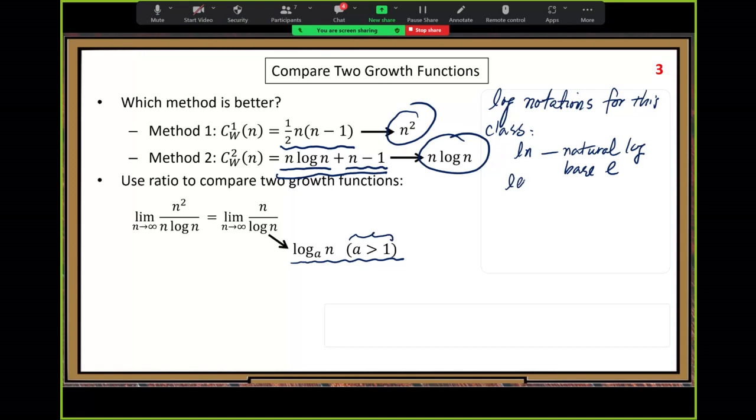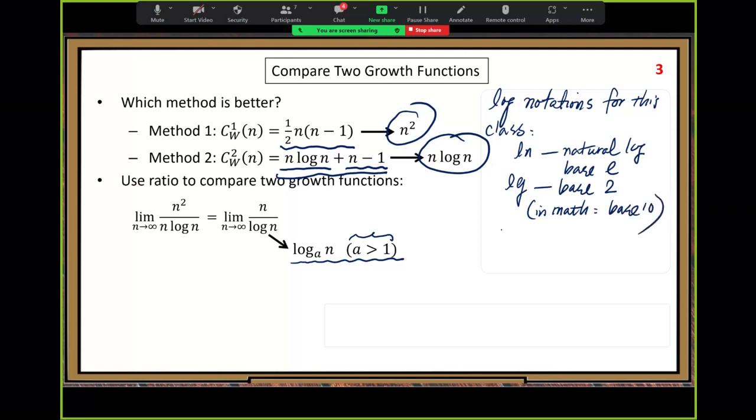Second, lg is base 2 in this class, while in math, people use lg for base 10.